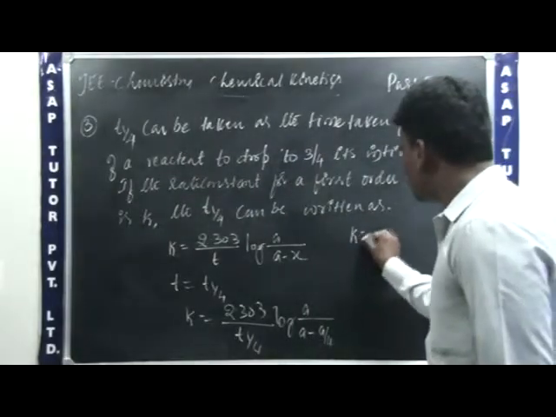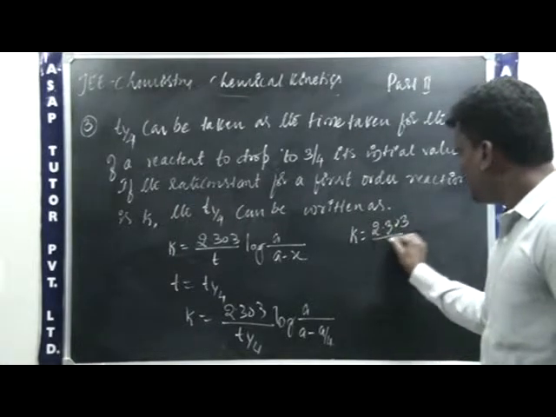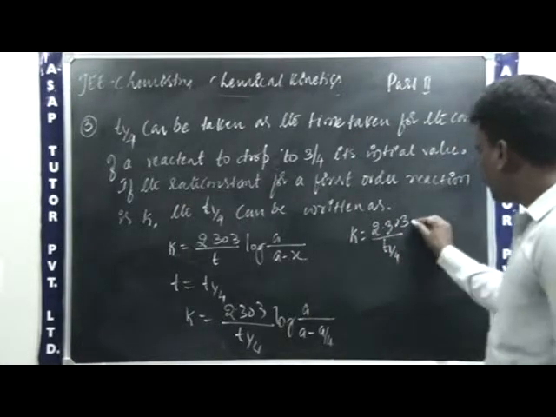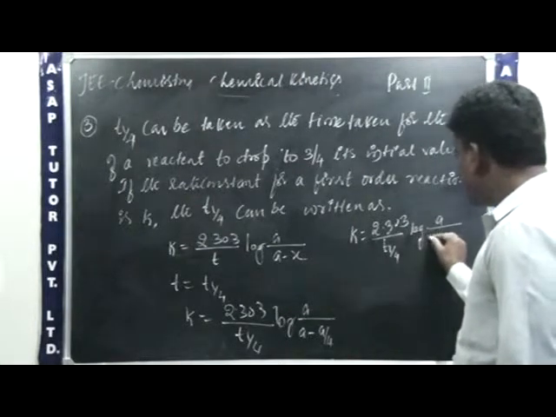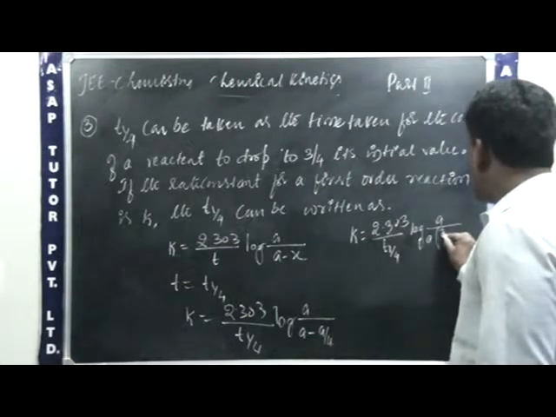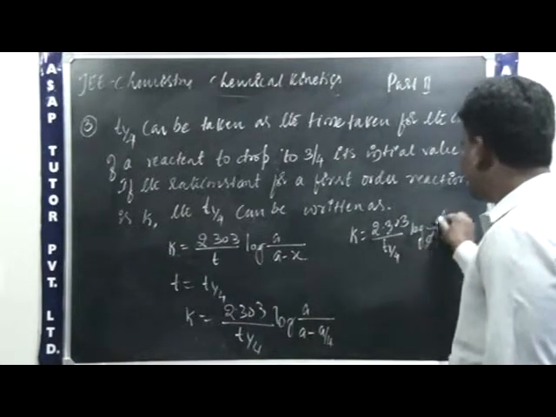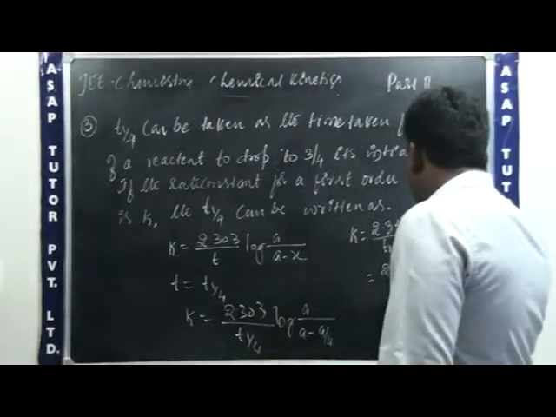Now K is equal to 2.303 divided by T1 by 4 log of A divided by, taking A common, 1 minus 1 by 4, which totally is 3 by 4. A gets cancelled.